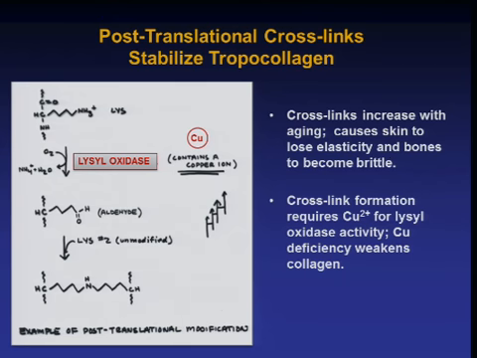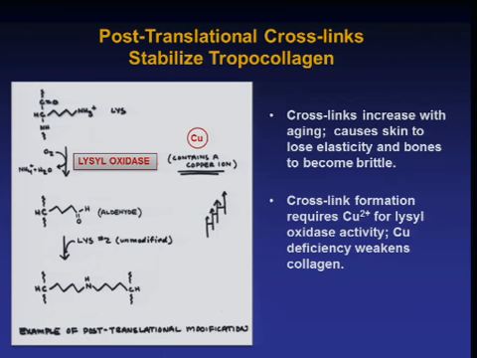When you have this aldehyde, then a lysine from an adjacent tropocollagen fiber will come into proximity unmodified, and you'll get this bond, right? So it's not a disulfide bond. It's a lysine-lysine bond that is coming about by the action of this enzyme, lysyl oxidase, and it requires copper. So that's how we get these cross-links.